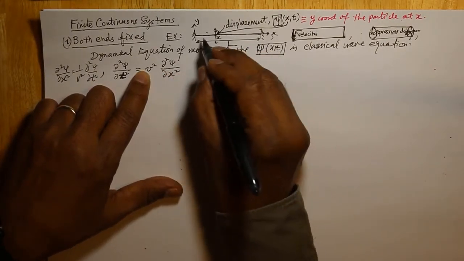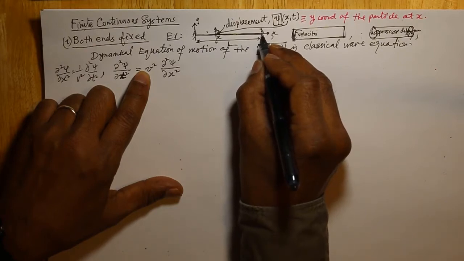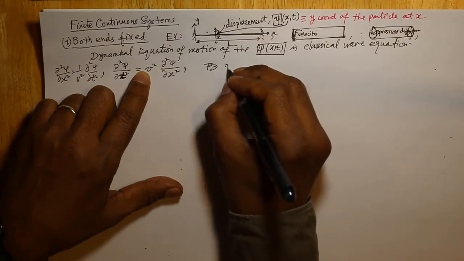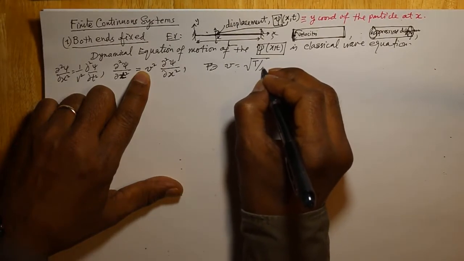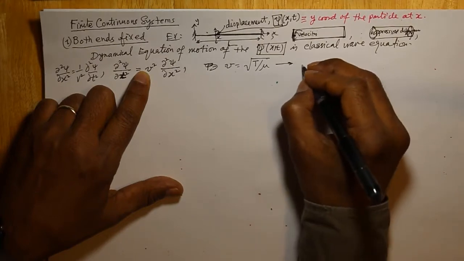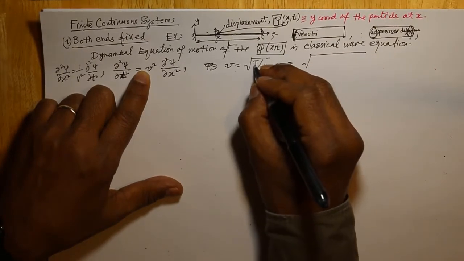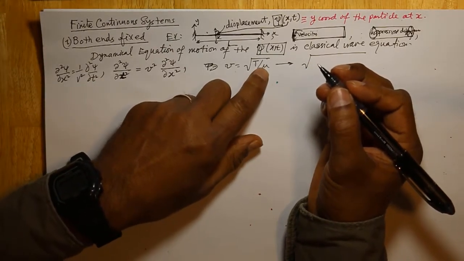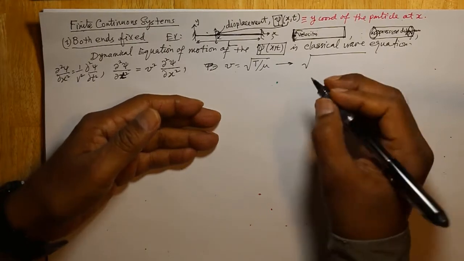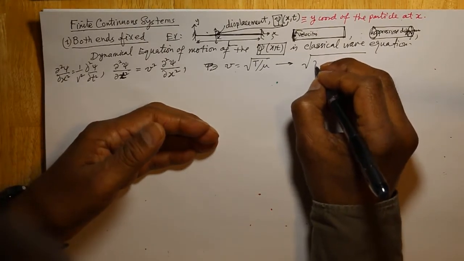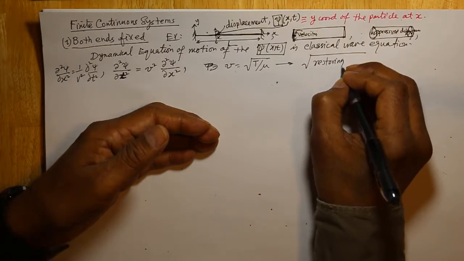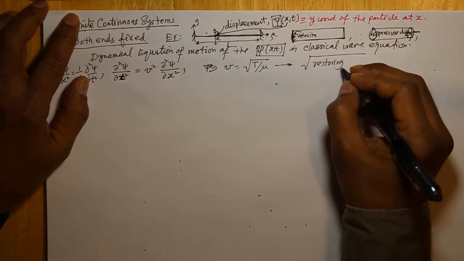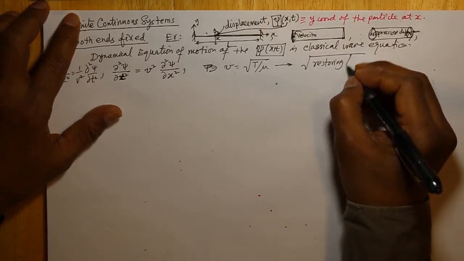V is related, in this case, to the properties of tension and mass per unit length. So v is equal to the square root of T over mu, and in general it is the square root of some tendency that is trying to restore the system, over mu, which is an inertia. So there are two tendencies: a restoring tendency, a reaction to the displacement, and the other one is inertia.